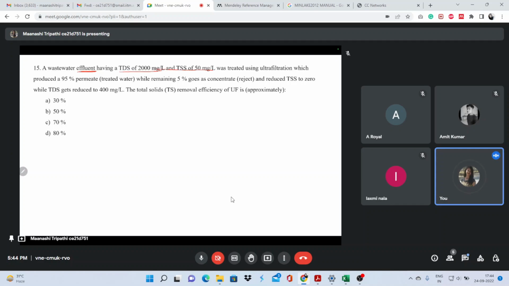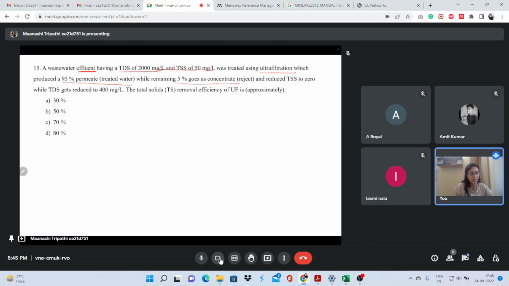Now it is treated using ultrafiltration. So this is the secondary effluent, and we are doing ultrafiltration, which means we are improving the quality of water by doing some tertiary treatment. So 95% is permeate, meaning treated water. Now 5% goes to concentrate.